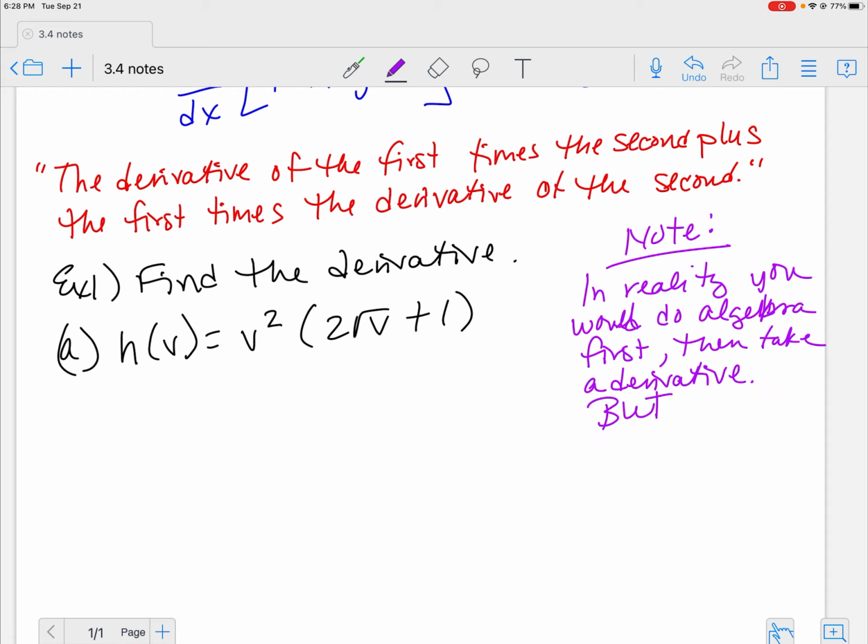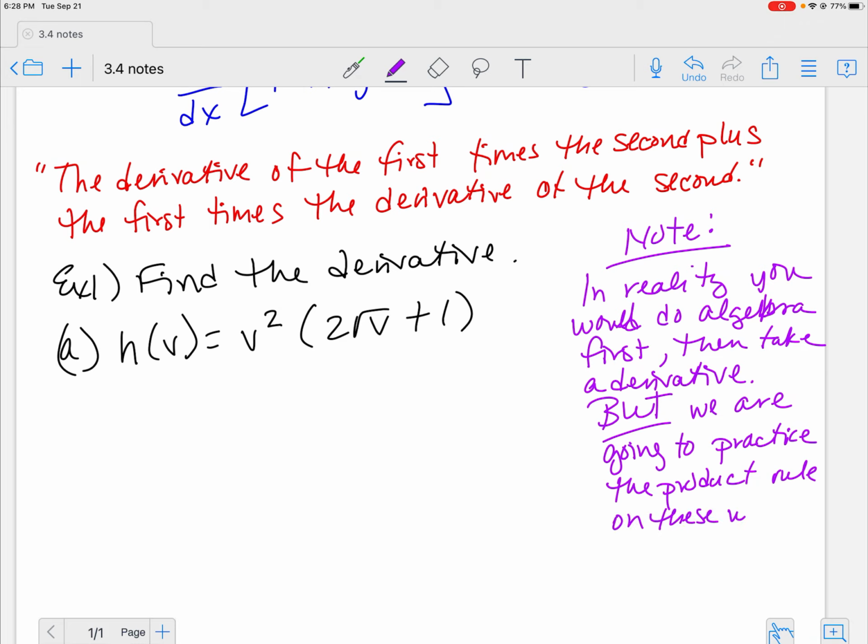But we are going to practice the product rule on these wimpy problems first, so you learn it.